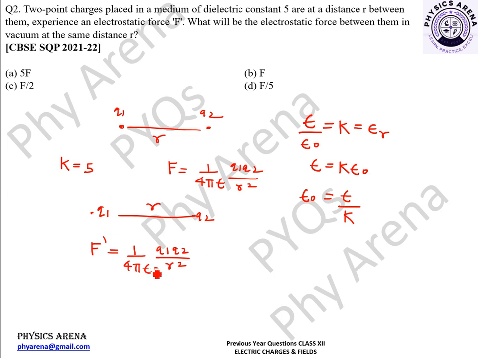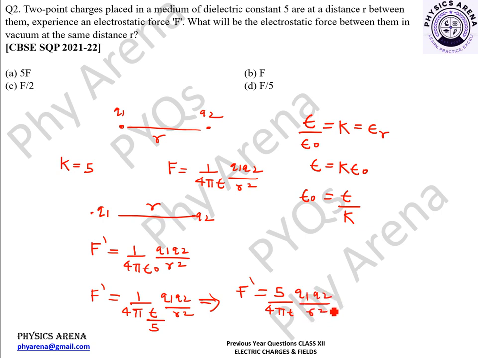So in place of epsilon naught, I can write epsilon upon 5. So F dash becomes 1 upon 4 pi epsilon upon 5 Q1 Q2 upon r square, and this 5 will go in the numerator. This gives us F dash is equal to 5 upon 4 pi epsilon Q1 Q2 upon r square.